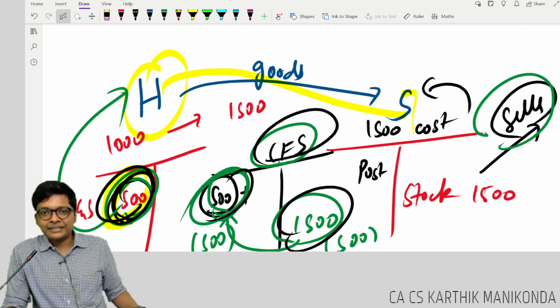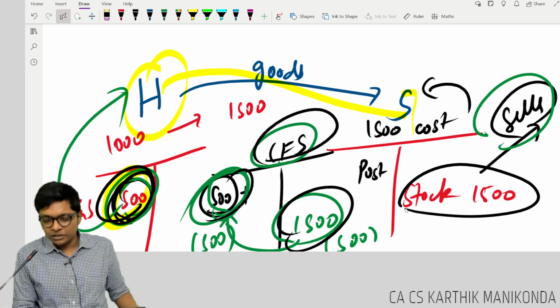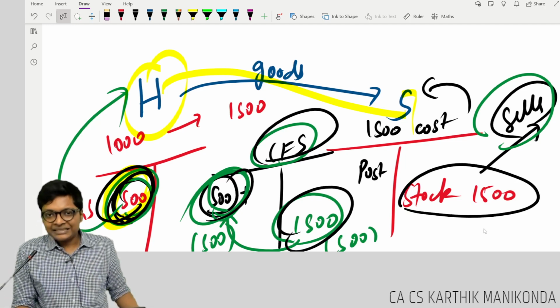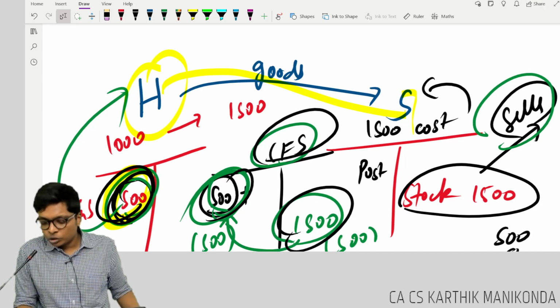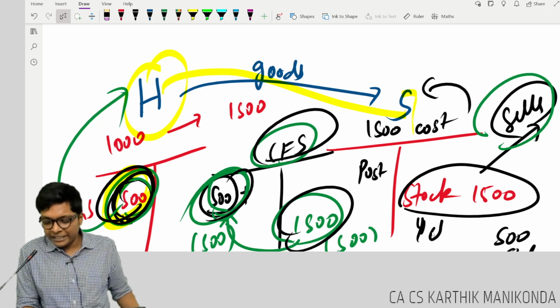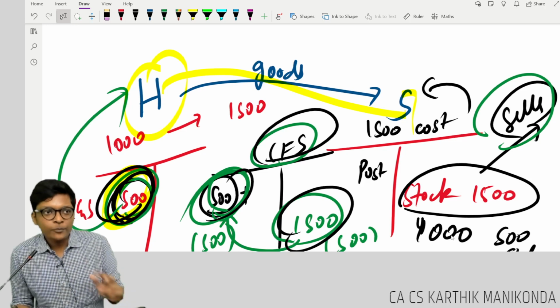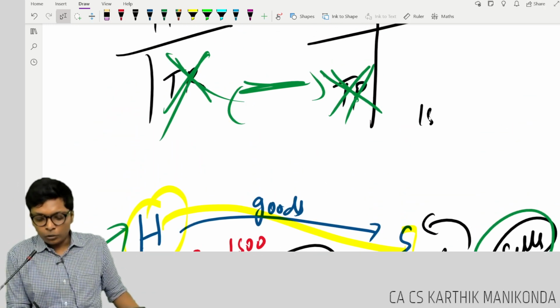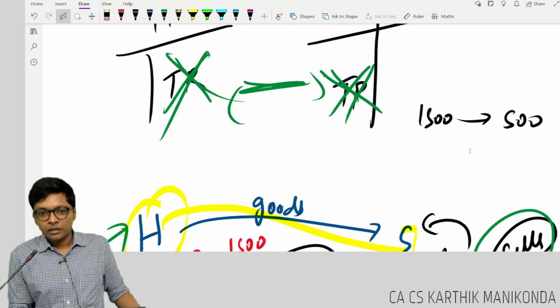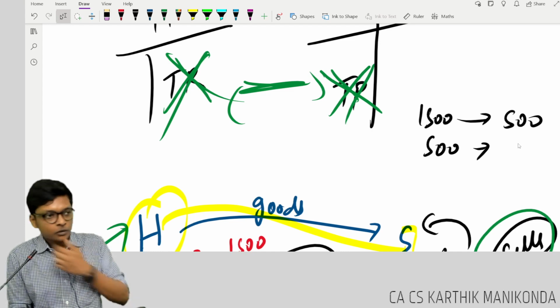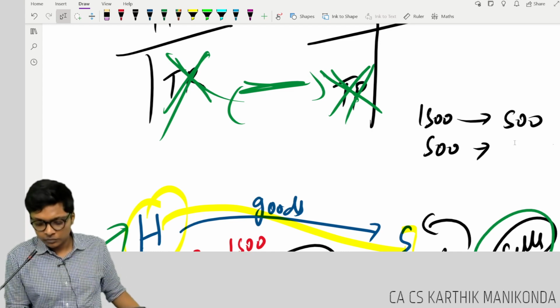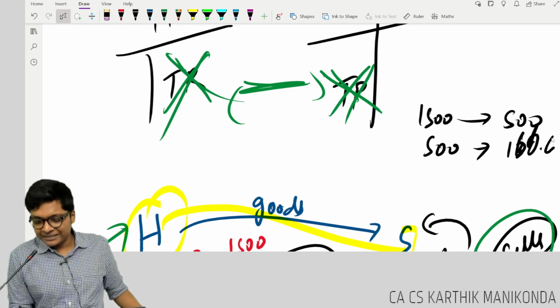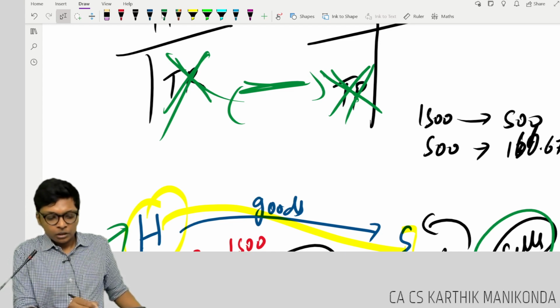Now same example, instead of selling all 1500 of stock, let's say 500 is sold. So unsold stock is only 1000. Now how to compute profit? Proportionately. Sir, how, sir? For 1500 the profit is 500. So if 500 is sold, what's the profit? 1/3 will be 166.67.